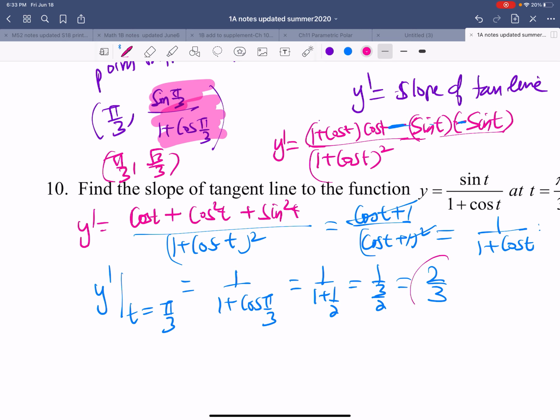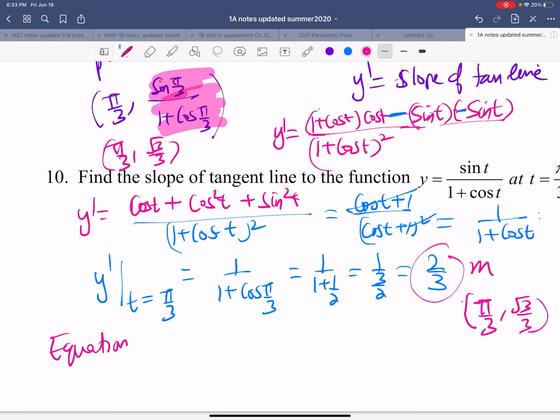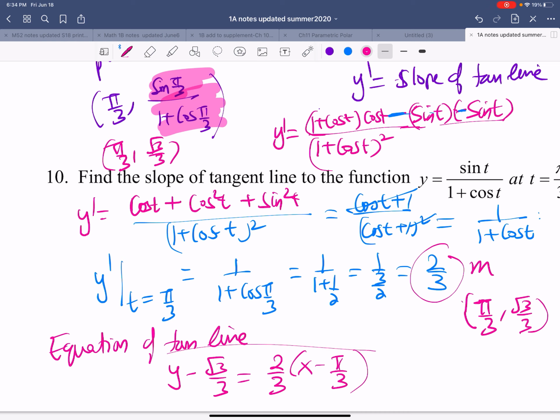Okay, so we have the slope m, we have the point x1, y1, which is pi over 3 comma root 3 over 3. Now we are ready to write equation of tangent line. Equation of tangent line would be y minus y1, y minus root 3 over 3 is equal to m. M is 2/3, x minus x1 is pi over 3.